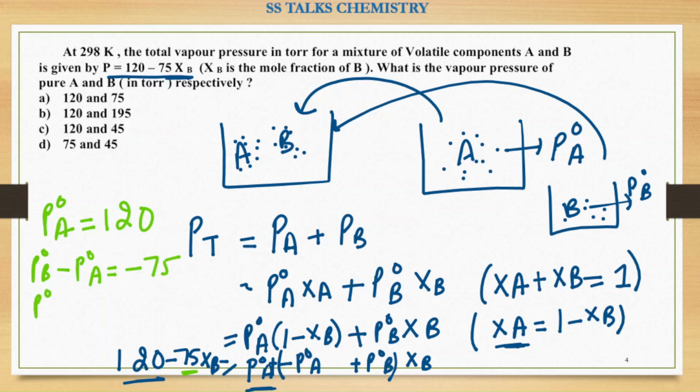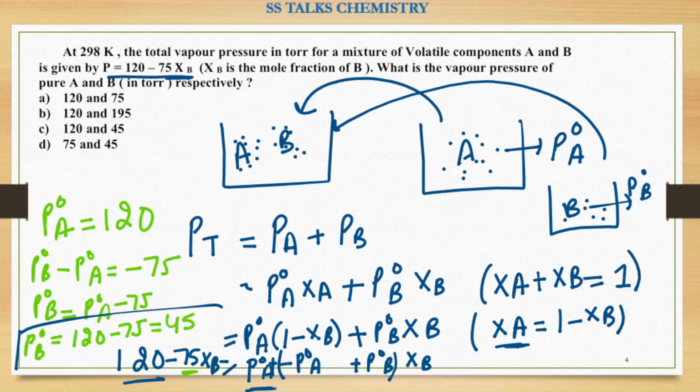From here P naught of B will be 120 minus 75, that is 45.